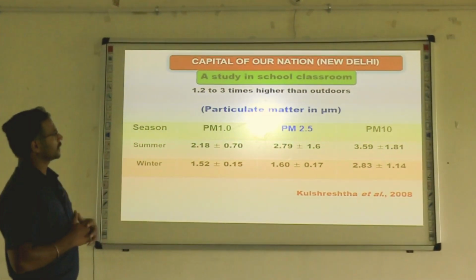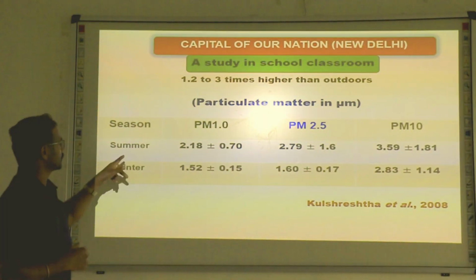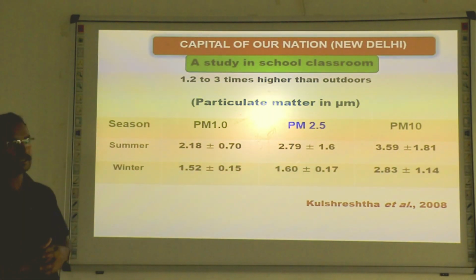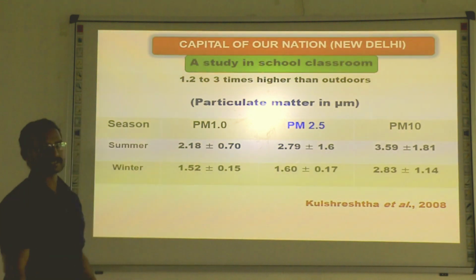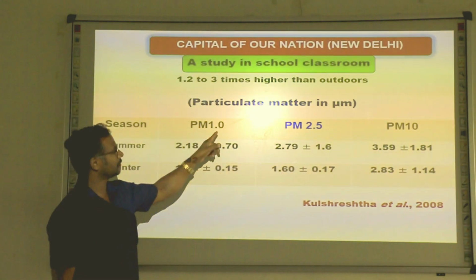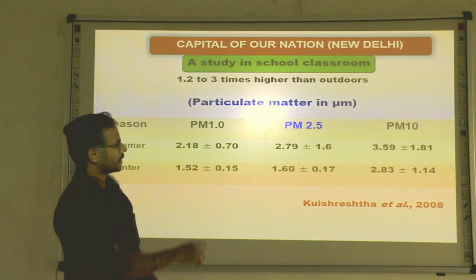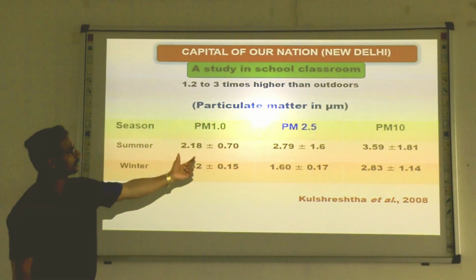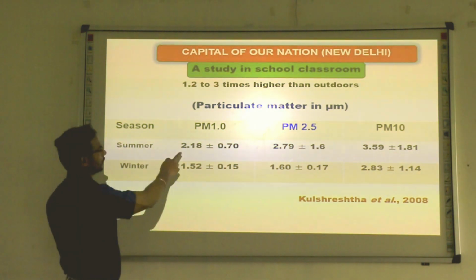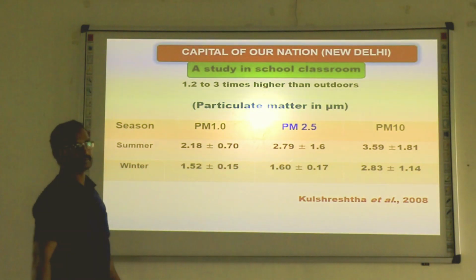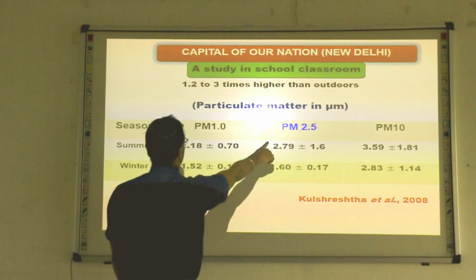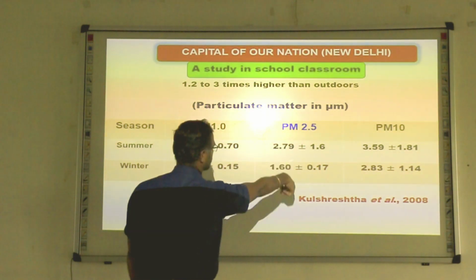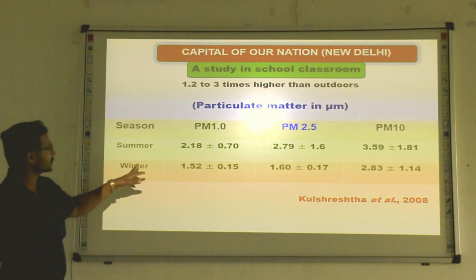One study was conducted during two seasons, summer and winter, on different sizes of particulate matter: particulate matter 1 micrometer, 2.5 micrometer, and 10 micrometer. In the summer season, the particulate matter size is 2.15 plus or minus 0.7, 2.5, 2.7 in the studies across the two seasons.